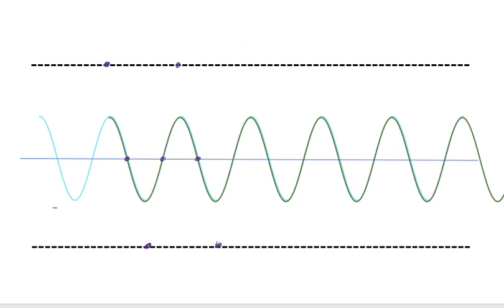That means my wave will look something like a cos wave whose amplitude has been doubled.